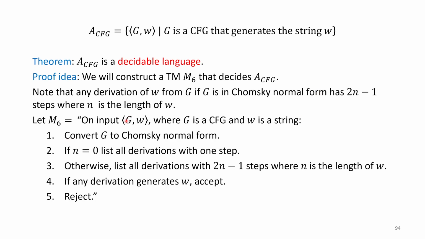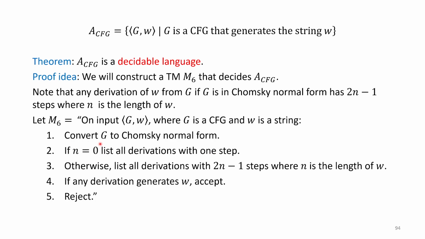We don't know that it's in Chomsky normal form, but we know we can convert it to Chomsky normal form. So we're going to convert it to Chomsky normal form. Then what we're going to do is list all the derivations with length up to 2n minus 1. Now the only one that doesn't work for is n equals 0.